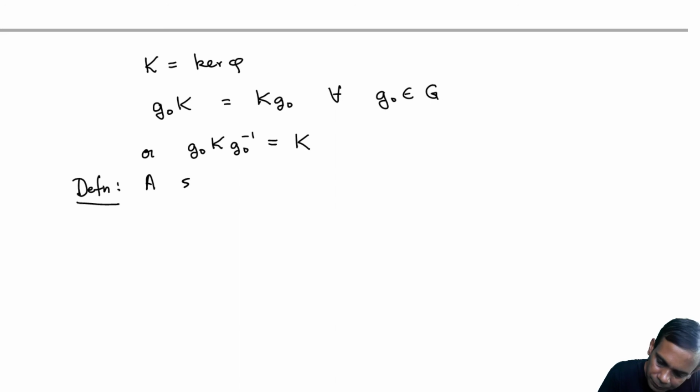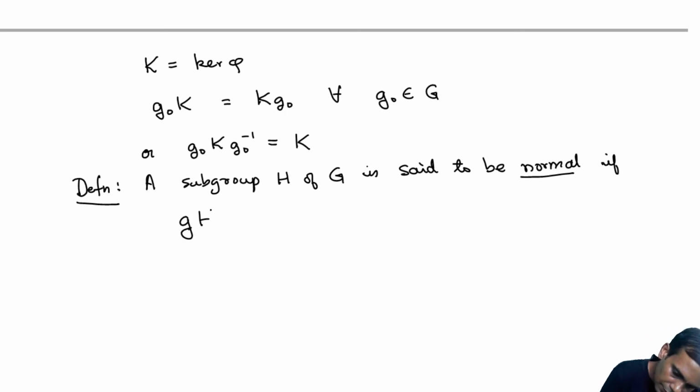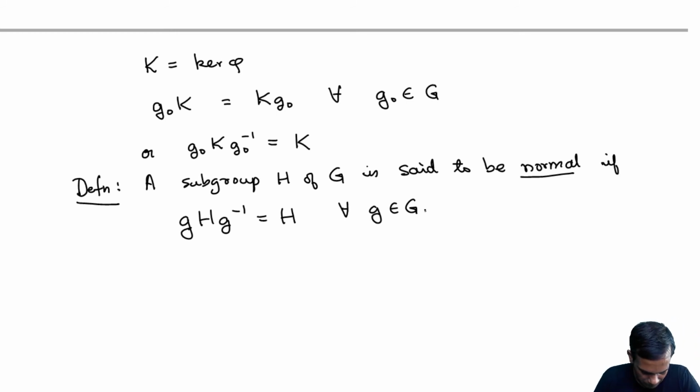A subgroup H of G is said to be normal if g H g inverse is equal to H for all g in G. So we've seen that the kernel of a homomorphism is always a normal subgroup.